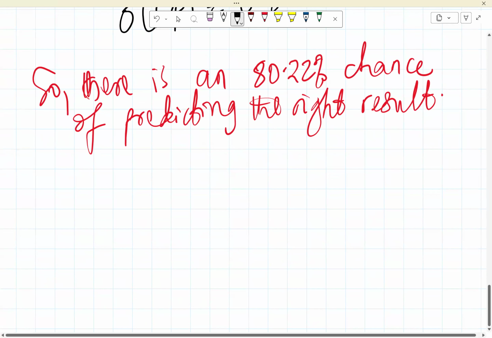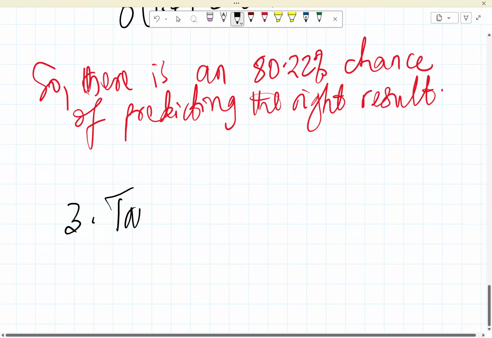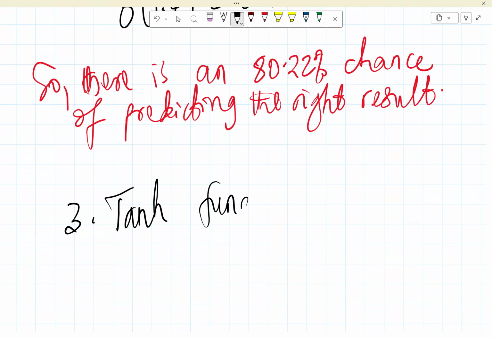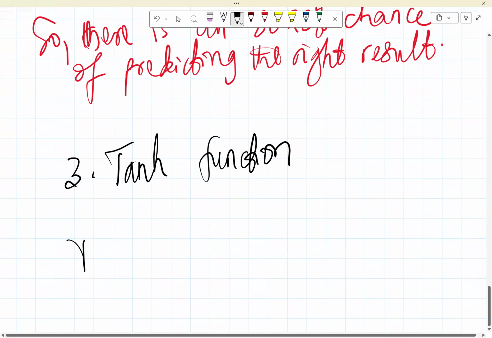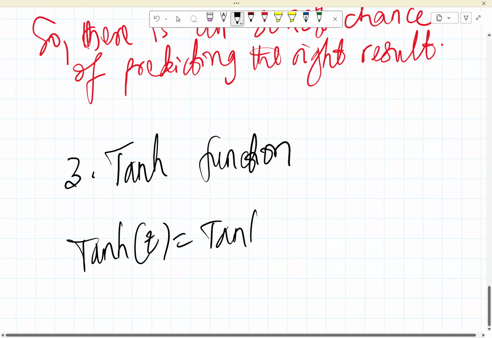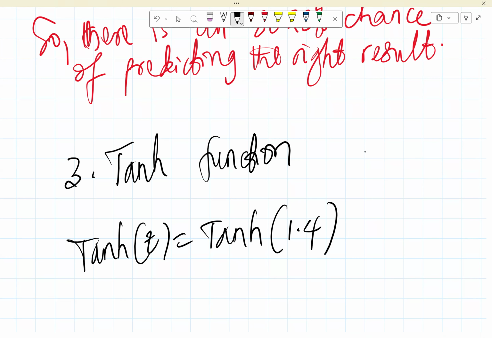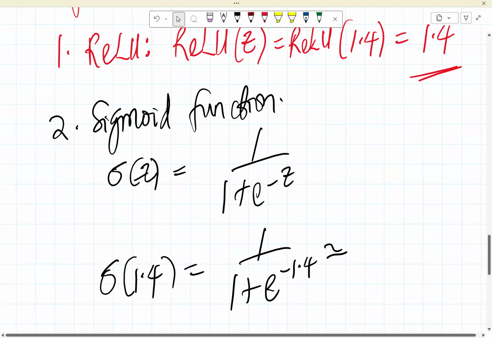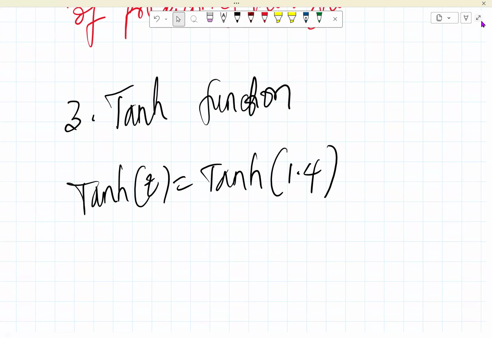So let's go and do Tanh. Let's talk about the Tanh function, which is also another activation function. In that case, we just have Tanh of Z, which is equal to Tanh of 1.4. So we also have that running.